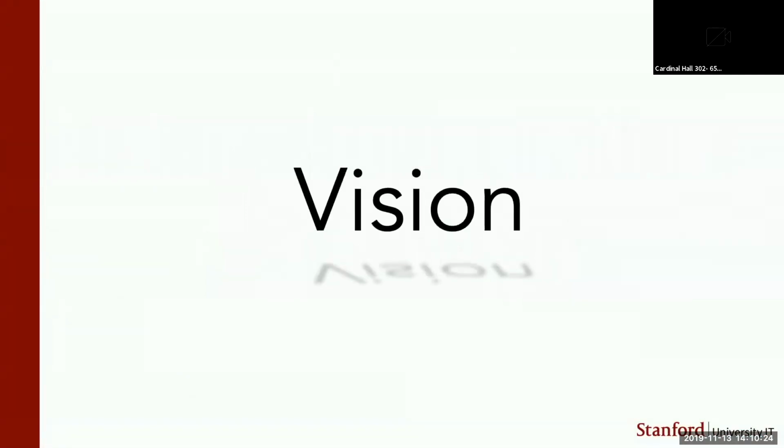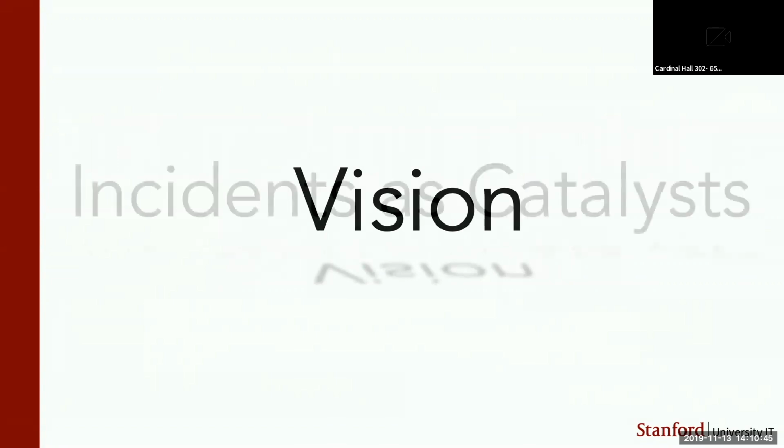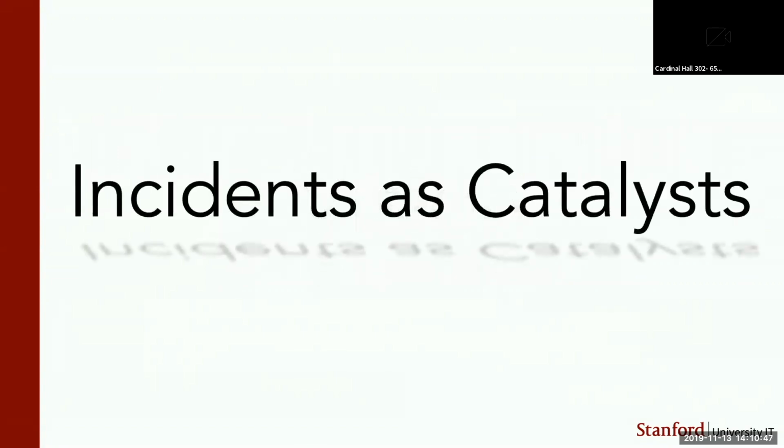It began with a vision. When I joined Stanford about 7 years ago, I had this vision of strong user authentication coupled with device posture checking at the application layer. And I knew it would take quite a while to get there, so I immediately started on the first steps. But as luck would have it, we had a series of incidents that I saw as catalysts, and they really propelled this forward.